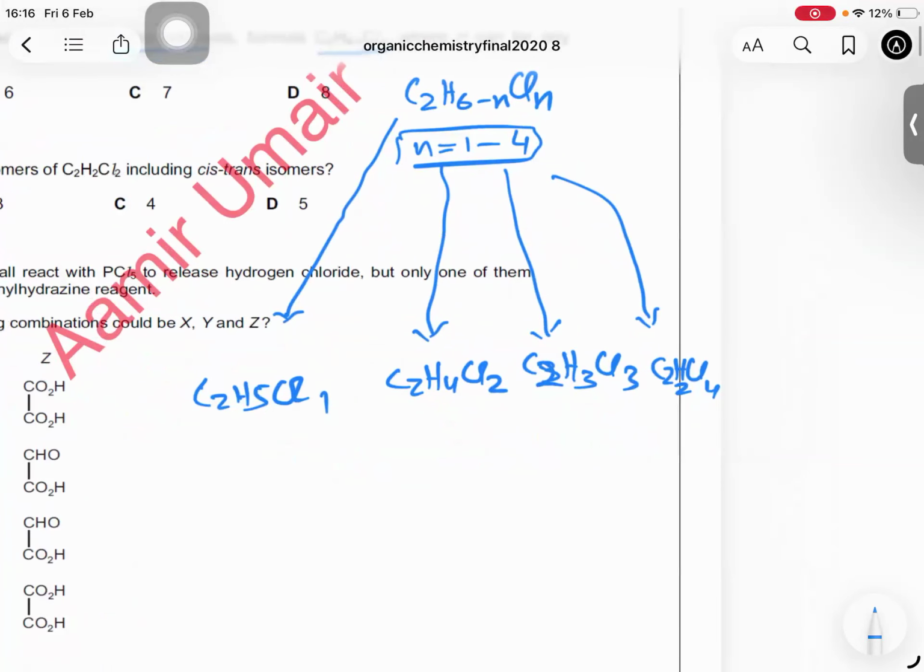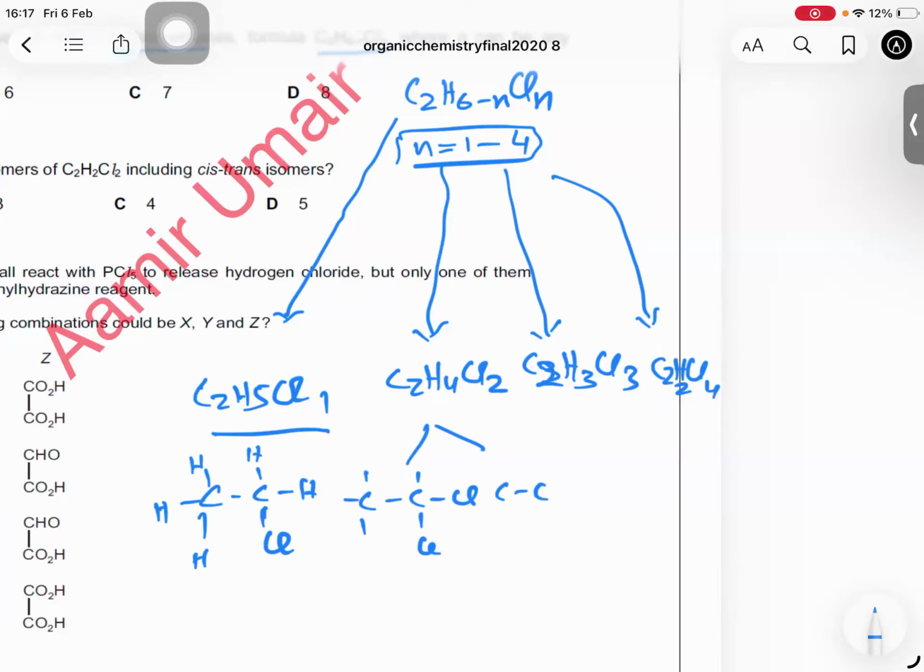Okay, first one C2H5Cl1. So there's two. It's 1, 2, 2. 1 plus 2 plus 2 plus 2, 7. Chloroethane has one isomer. C2H4Cl2 has two isomers. Two isomers mean 1,1-dichloro and 1,2-dichloro. Similarly, this one has two isomers. One is 1,1,1-trichloro and the other one is 1,1,2-trichloro.